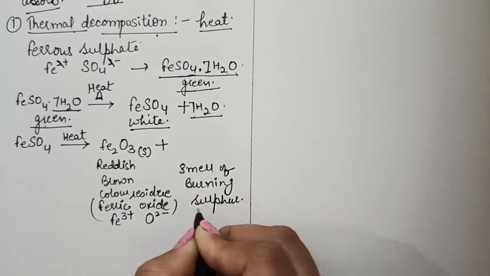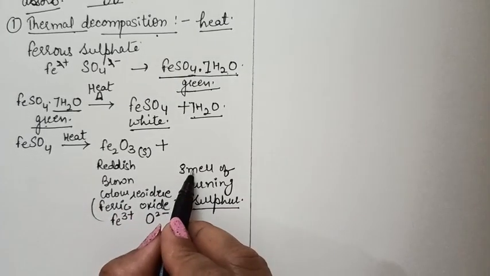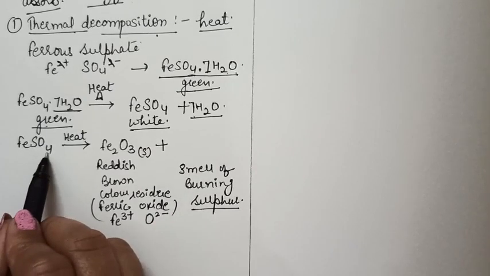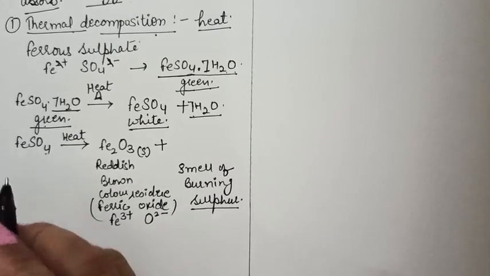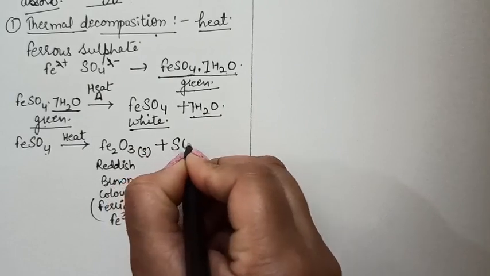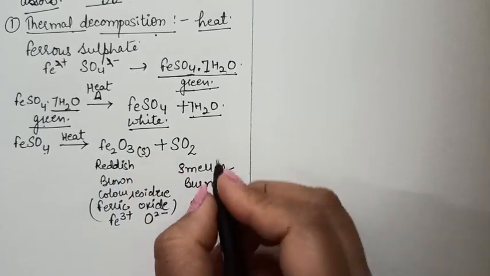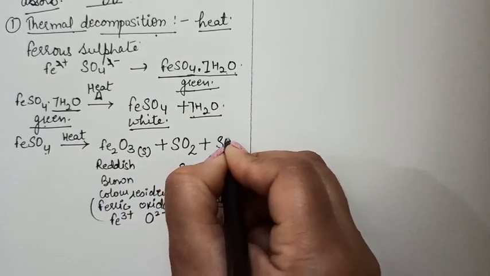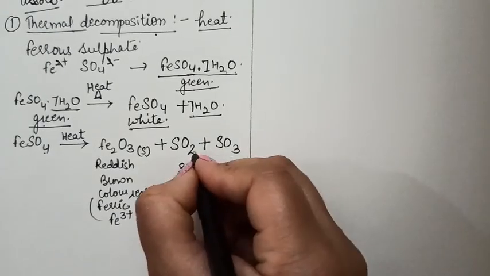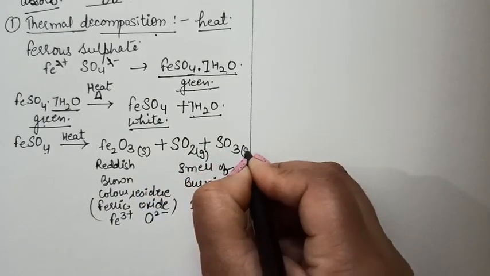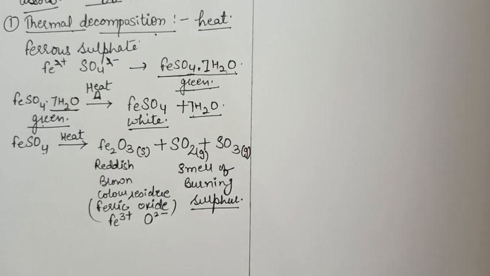Those are the observations of this reaction of heating FeSO4 crystals. The smell of burning sulfur is of sulfur dioxide and sulfur trioxide. They both are gases, so we will write G here.